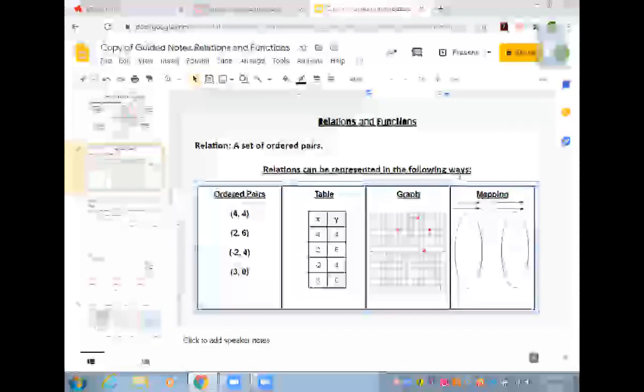Okay, and now let's create a mapping. So mapping is the last representation.